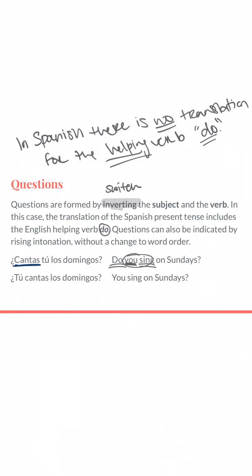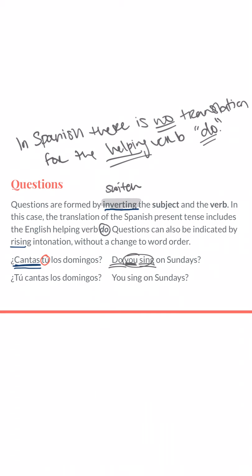Now remember, in the question, we invert or switch the subject, which I will denote here, and the verb, which we have here. So we have ¿cantas tú los domingos? Do you sing on Sundays? Now, it does tell us too that questions can also be indicated by rising intonation without a change to word order.